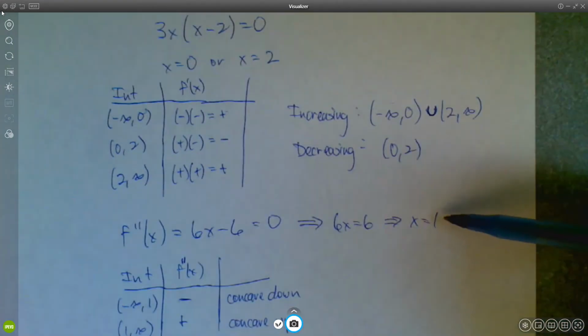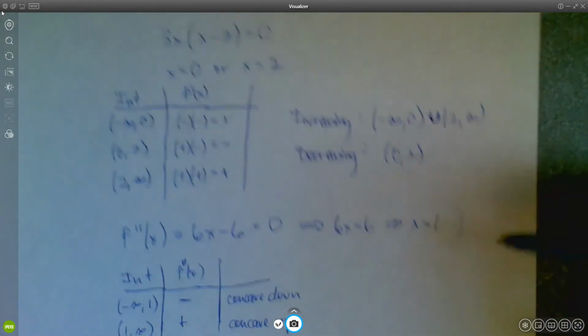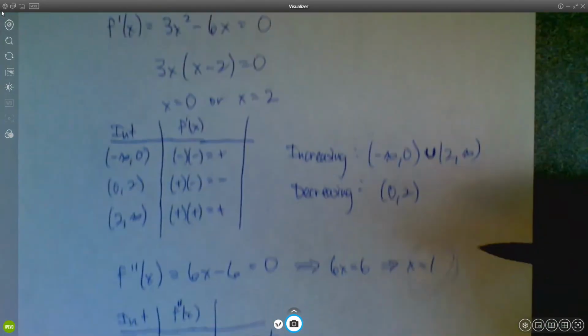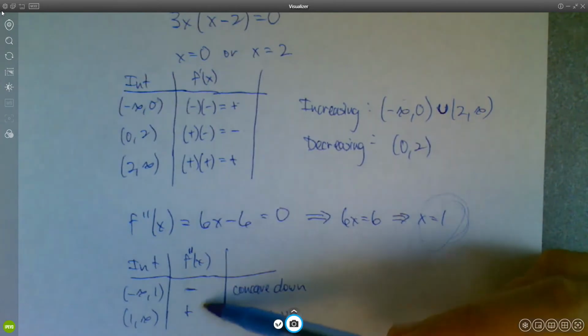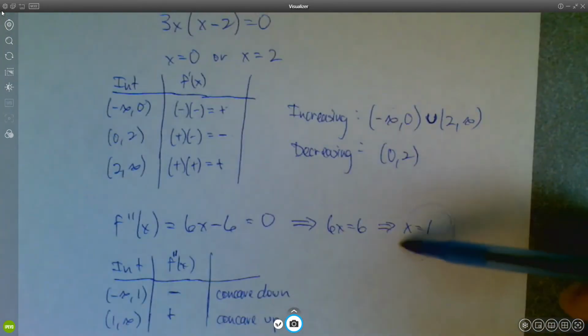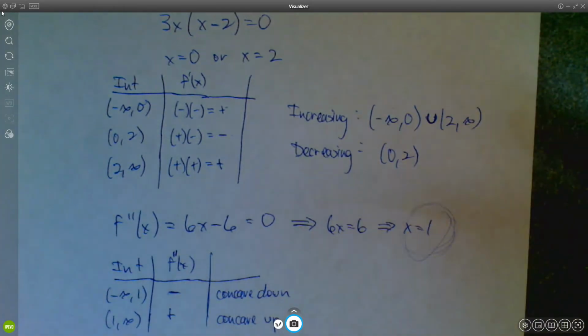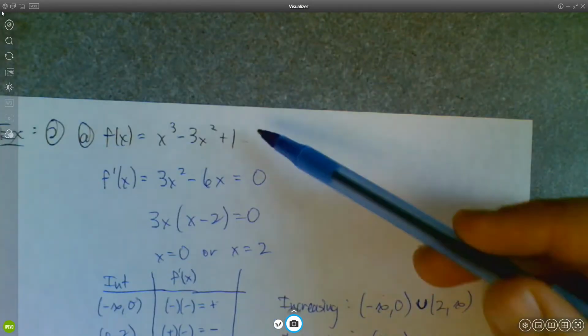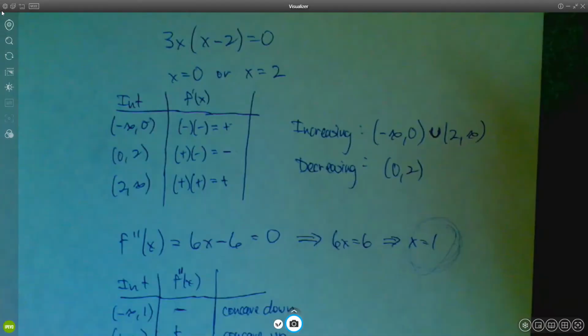To figure out the y coordinate of this inflection point, I need to plug this back into, now be careful, because I've been plugging stuff into the second derivative, and before I plugged stuff into the first derivative. But if I want to find the point that's actually on the graph of the original function, I need to plug this back into the actual function itself to figure out its y value.